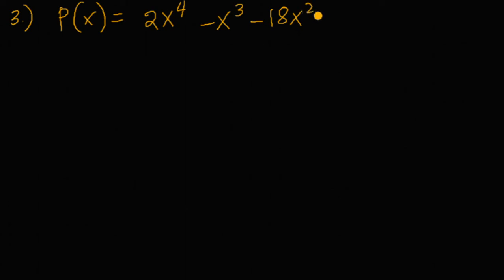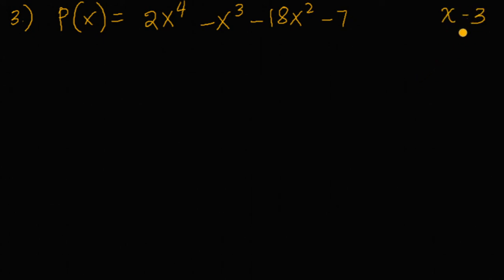Okay. So, using factor theorem, use the factor theorem to determine if the given polynomial is a factor of the other polynomial. Okay. So, for example, if we have the given polynomial 2x raised to 4 minus x cubed minus 18x squared minus 7, and our divisor is x minus 3.